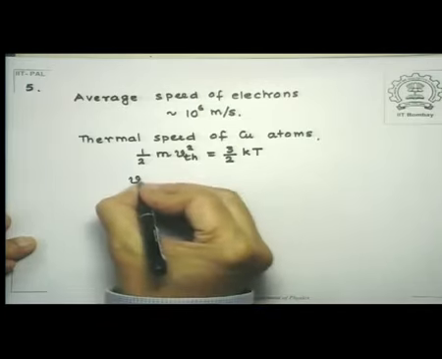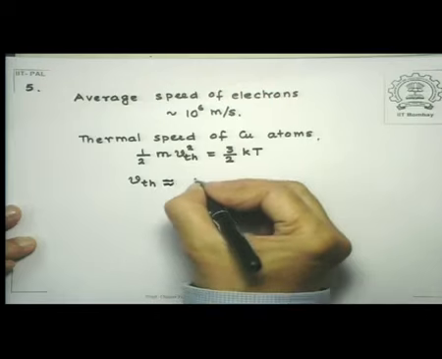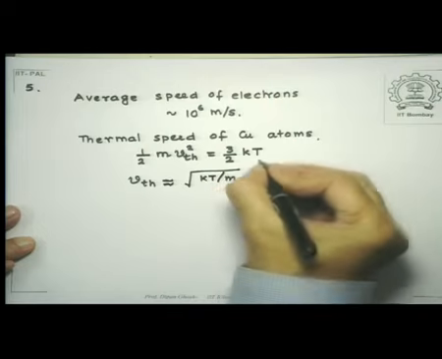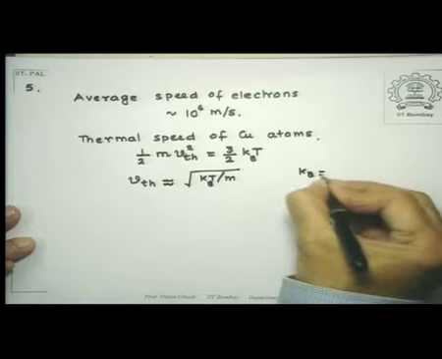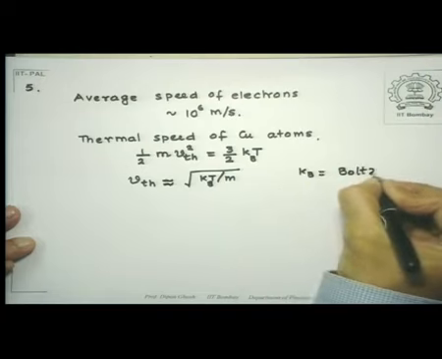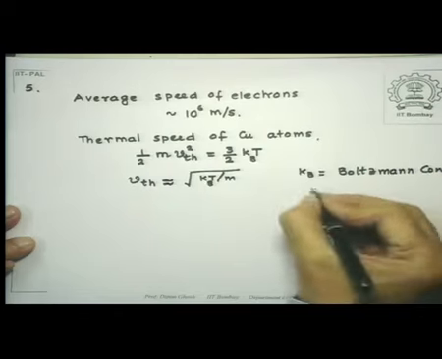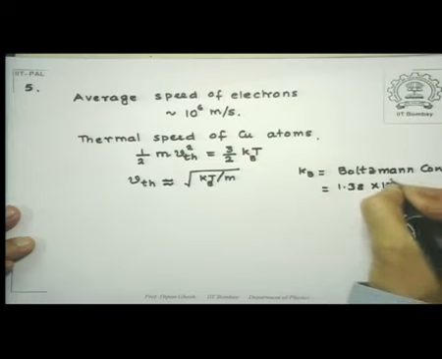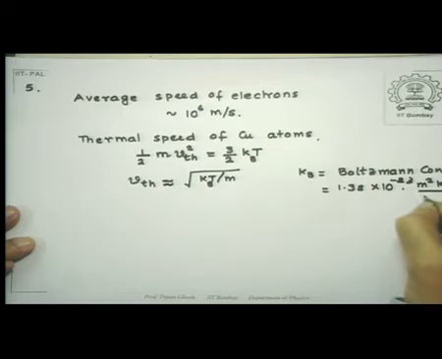So thermal velocity of the atoms is of the order of, ignoring the factor of 3 and things like that, kT over m, where k, occasionally written as kb, is Boltzmann constant, which is 1.38 into 10 to the power minus 23 in SI unit, which has a little complicated dimensions, meter square kg per second square degree.